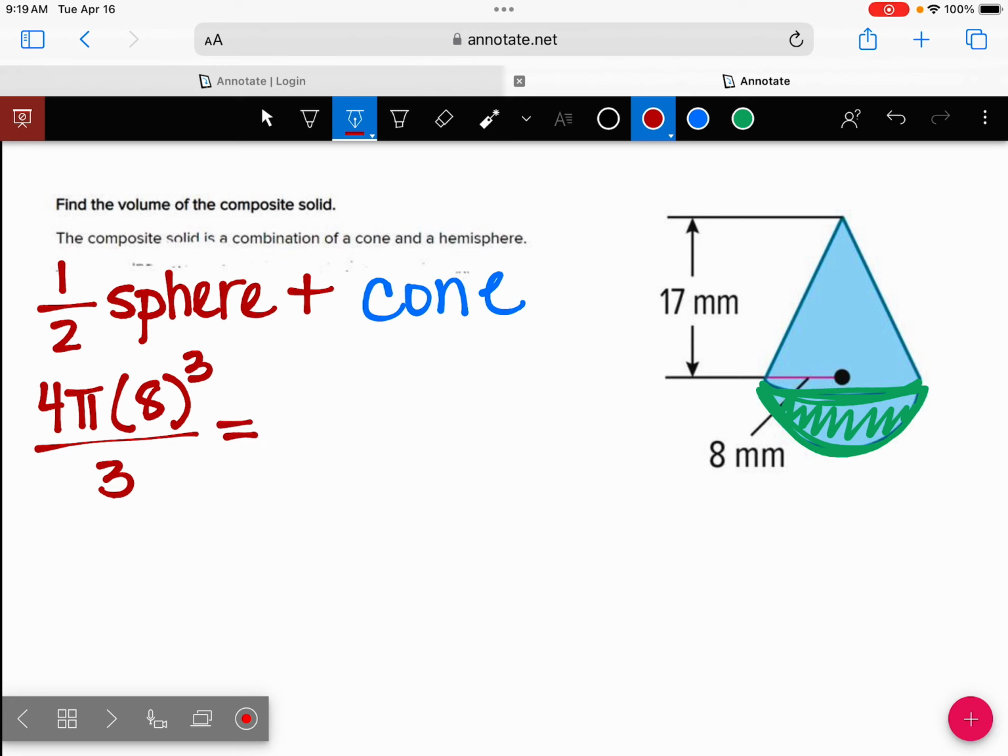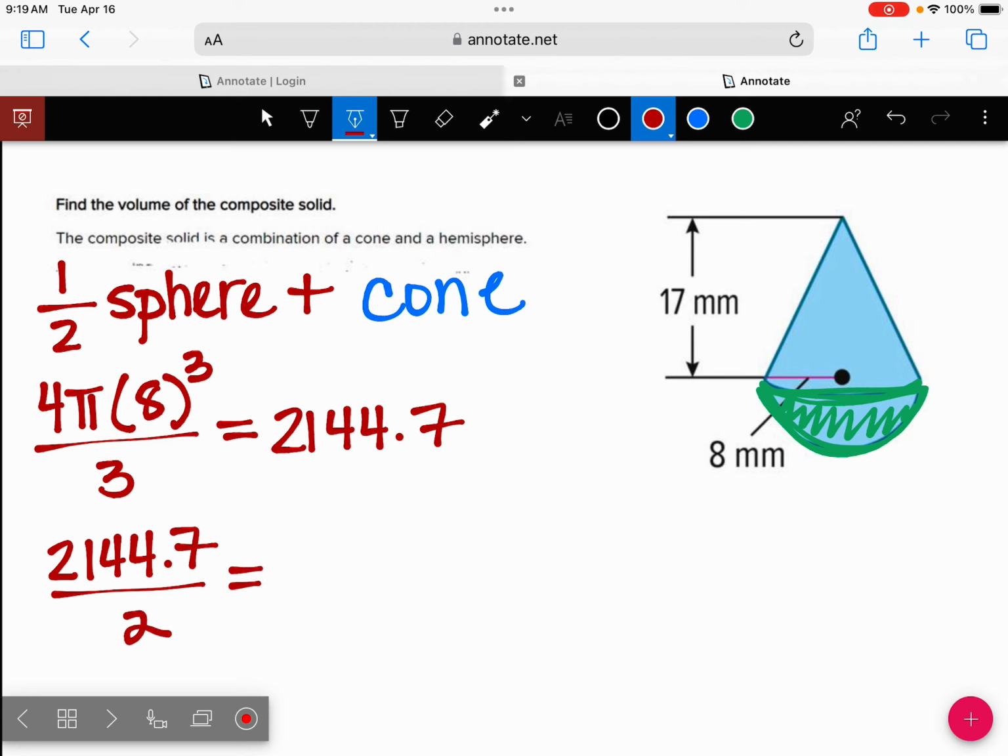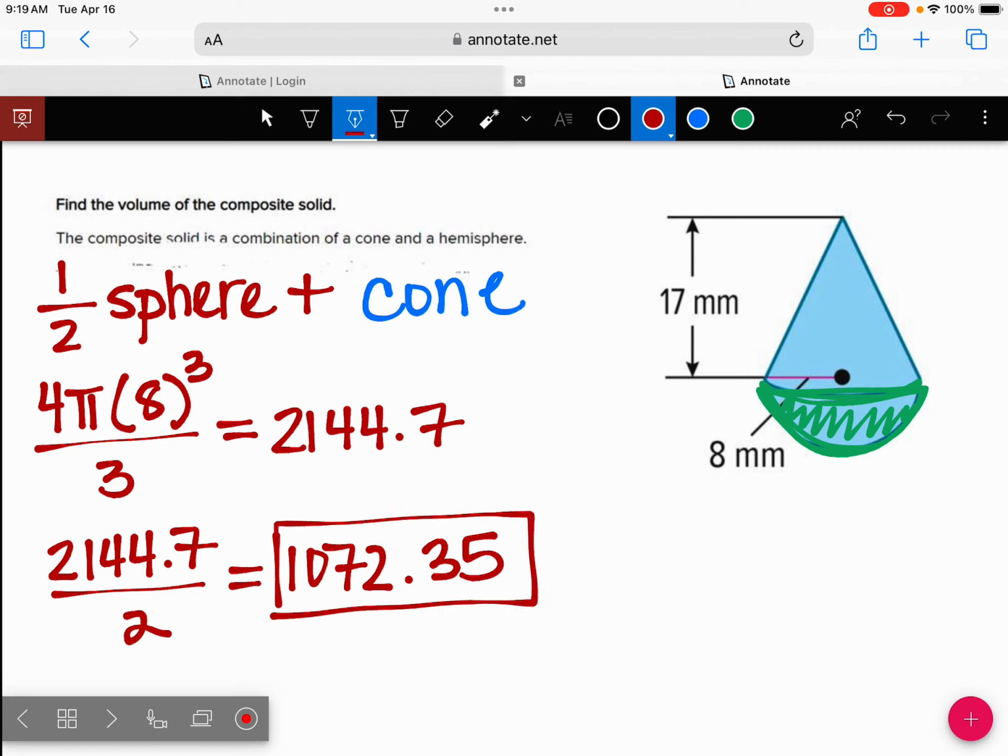Go ahead and see what you get. But again, because that's half of a sphere, we have to take that number and divide it by 2. So that's the first step.